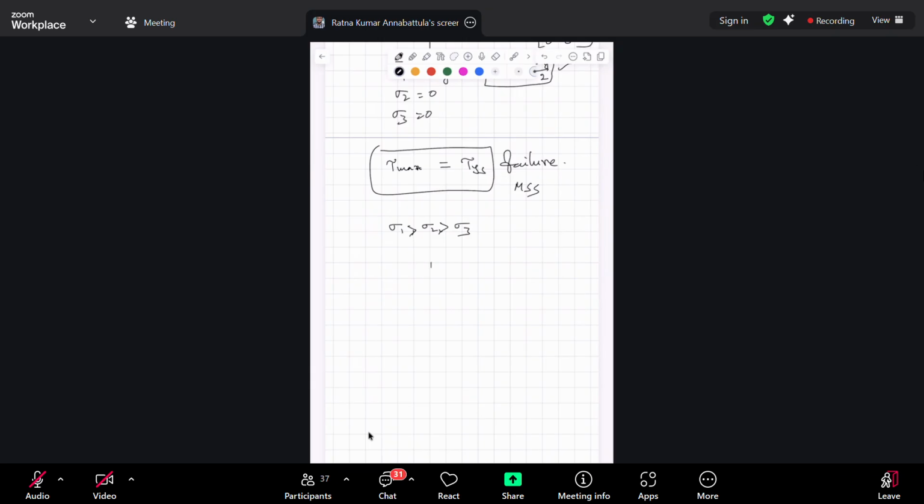Now, let me draw the Mohr circles for this, for a three-dimensional state of stress. Let us say sigma 1 is the largest, this is sigma 2, and that is sigma 3. Now the circles that we need to draw are, first, one between sigma 1 and sigma 3.